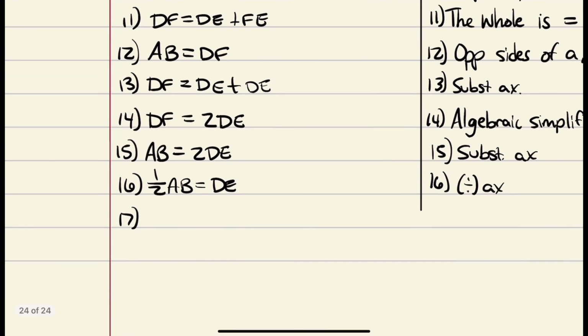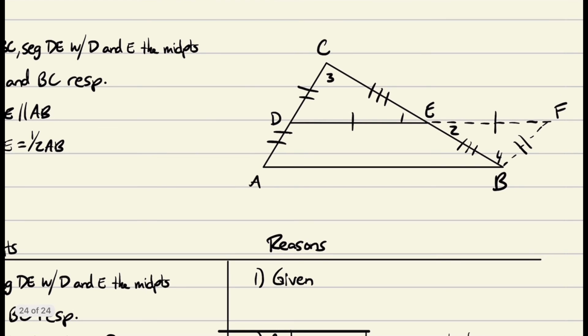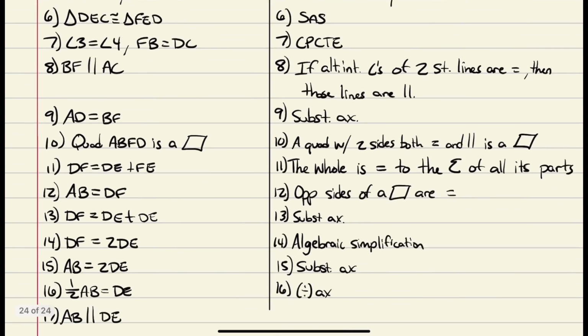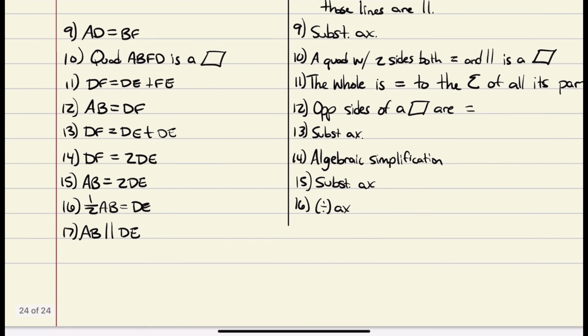And then number 17, we would also now just state one of the other things we needed to prove, and we can say this without anything else that needs to be said. AB is parallel to DE. So again, we said that this is a parallelogram, and the definition of parallelograms is that the opposite sides are parallel. So AB would be parallel to DE. Pretty simple there, definition of parallelogram.